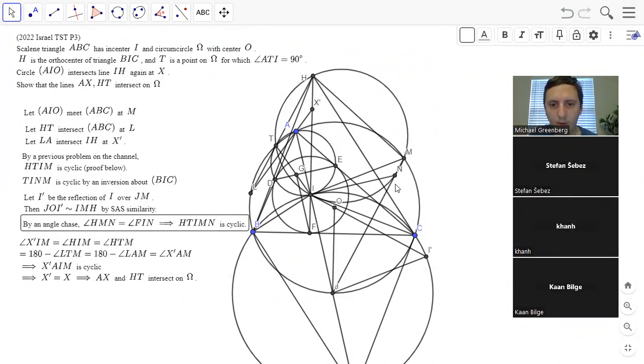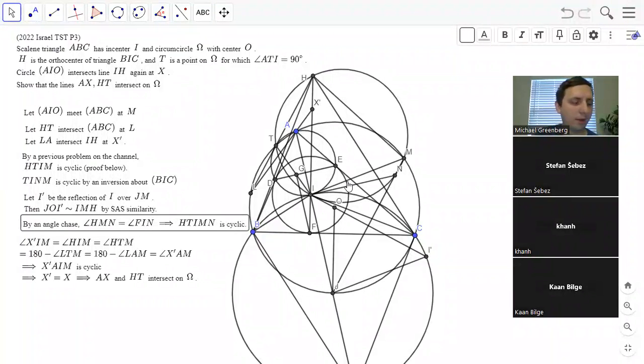HMI is the same as JOI prime, and IMN, we know this is perpendicular, so it would be 90 minus IJM. I think that's the key. Yeah, I think I'd have to think about it a little bit more, but the idea makes sense.